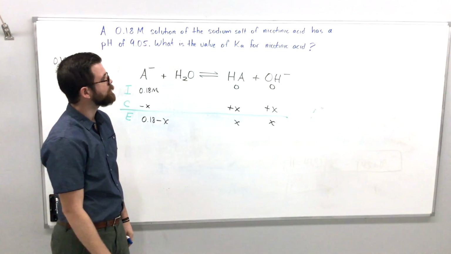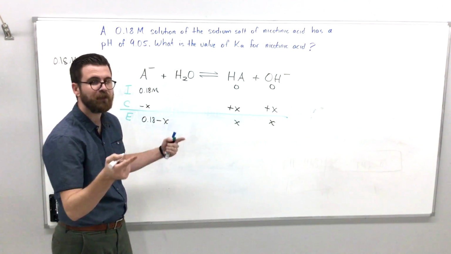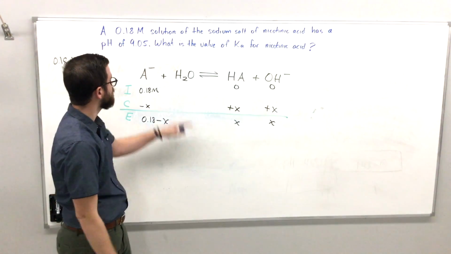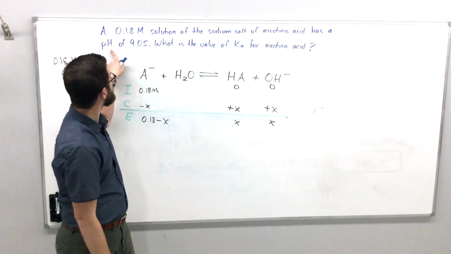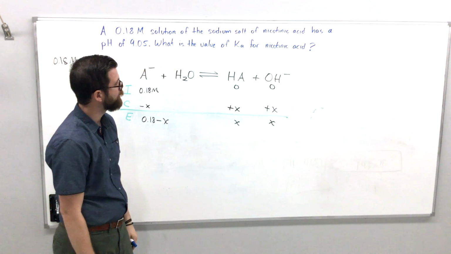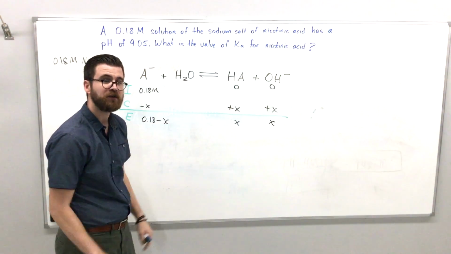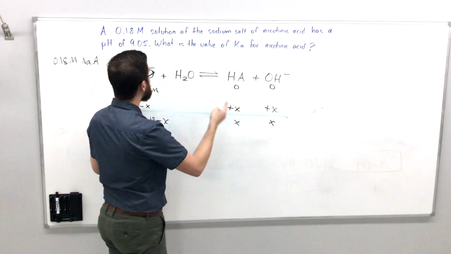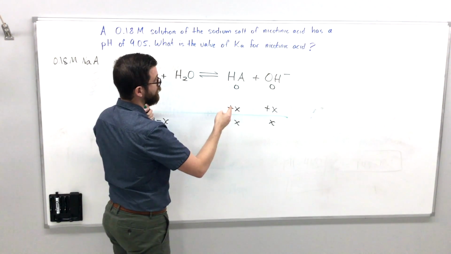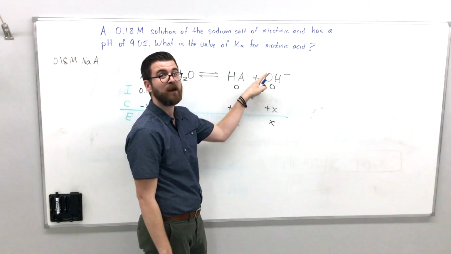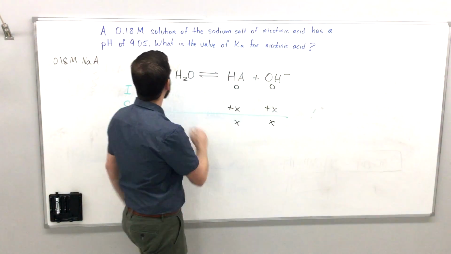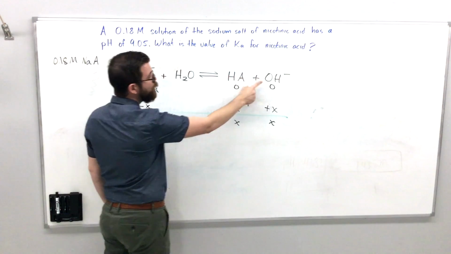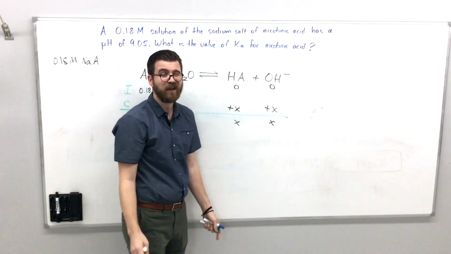Now the whole trick to this question comes from piecing together all the little components. Notice that we have a pH, which is 9.05. Now pH is obviously related to the concentration of H+, but that is not here. But we do have OH. And if we know pH, we can get to OH pretty easily, right?